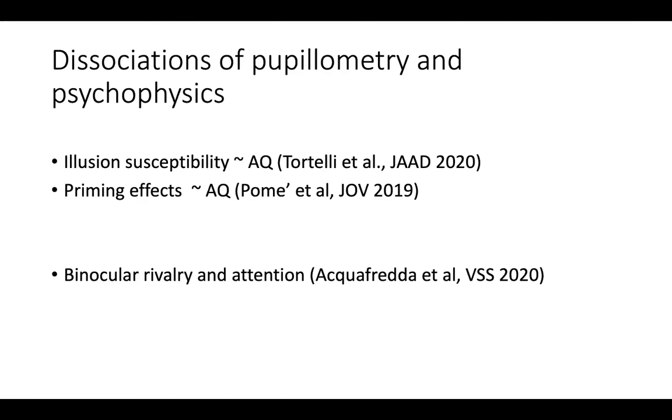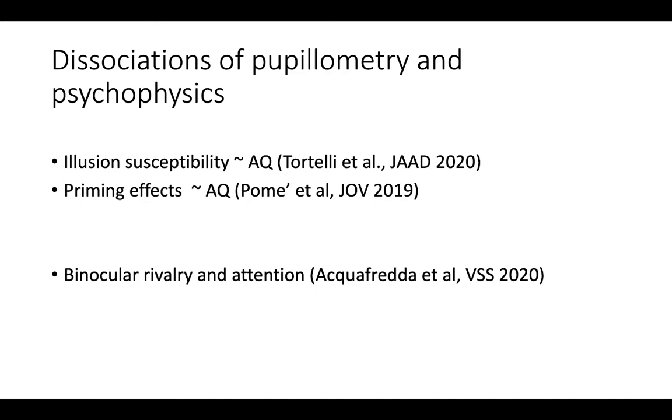However, perceptual reports, perceptual oscillations, and pupil oscillations showed a systematic, qualitatively different effect of attention, meaning that perceptual reports were affected by attention, but pupil recordings were not affected by attention.